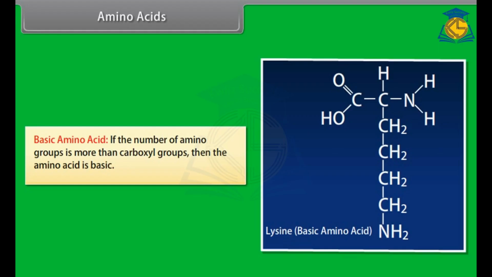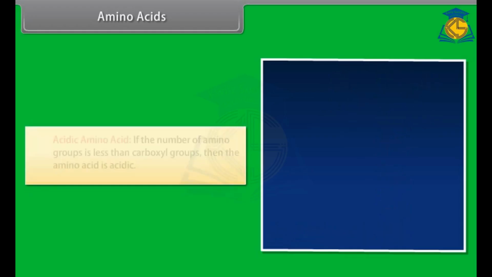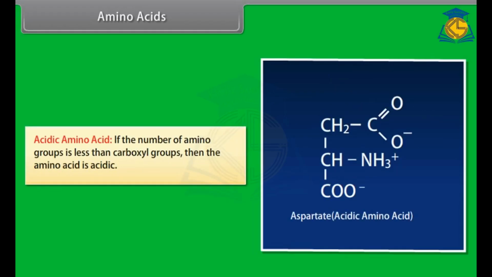Basic amino acid. If the number of amino groups is more than carboxyl groups, then the amino acid is basic. For example, lysine. Acidic amino acid. If the number of amino groups is less than carboxyl groups, then the amino acid is acidic.